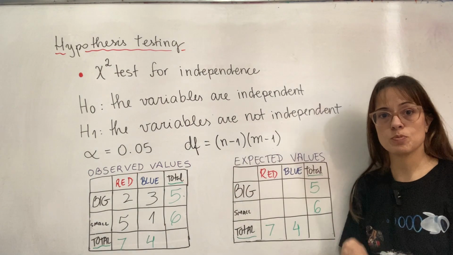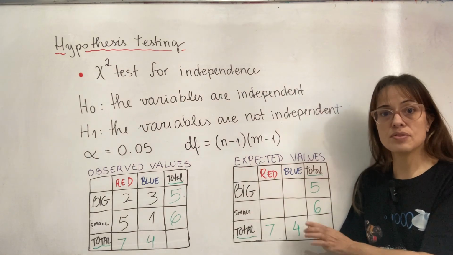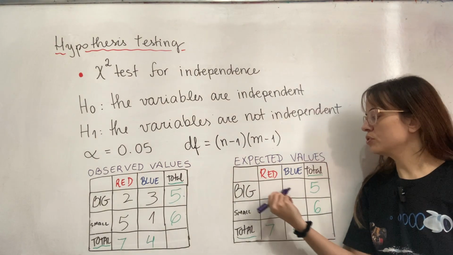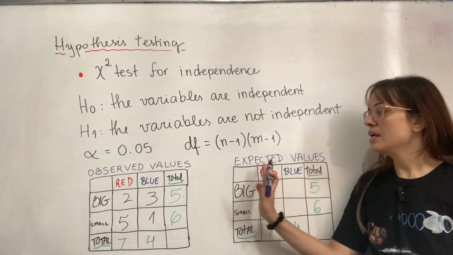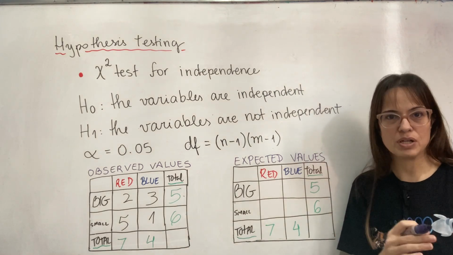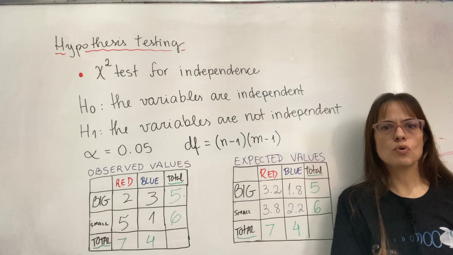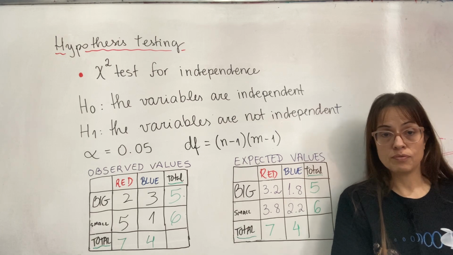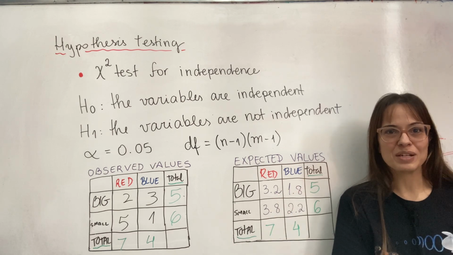In the table of expected values, the row totals and the column totals are the same as in the table of observed values, but then in order to fill in the table, you have to calculate how many would be there if the 2 variables were actually independent, if being big or small was independent of color in this case. And I'm going to go more into detail about how to find these numbers later in the example from the data set that I'm working with, but these are approximately correct for this example.